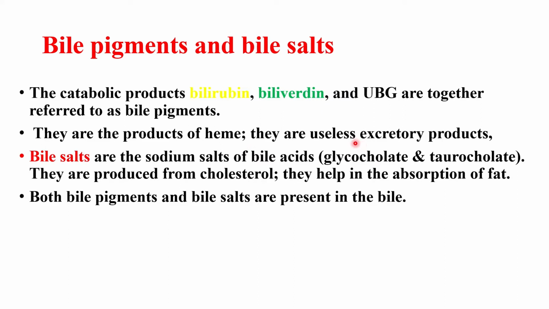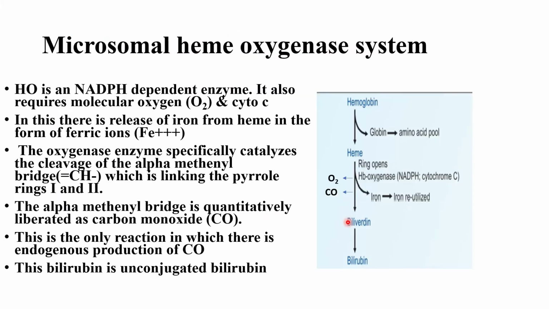They are useless excretory products. The bile salts are sodium salts of the bile acids, that is glycocholate and taurocholate. They are produced from cholesterol and help in the absorption of fat. Both bile pigments and bile salts are present in the bile.